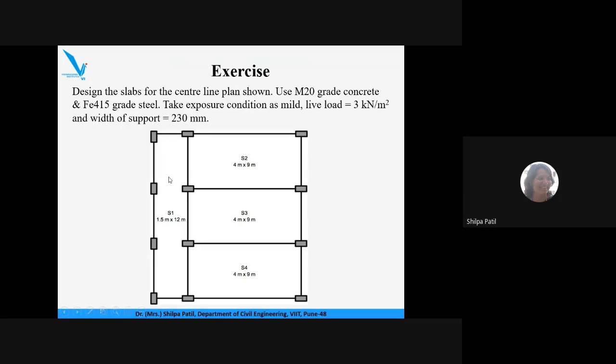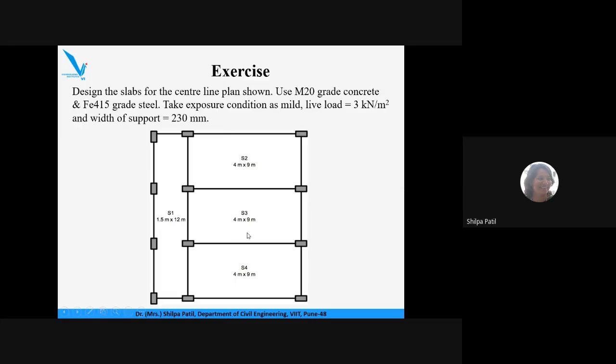What I mean to say is, along the shorter span we are supposed to place the main reinforcement, and along the other direction the distribution steel will be provided. So in case of S2 slab, the main reinforcement will be provided along the 4 meter direction, and along the 9 meter direction there will be distribution steel.